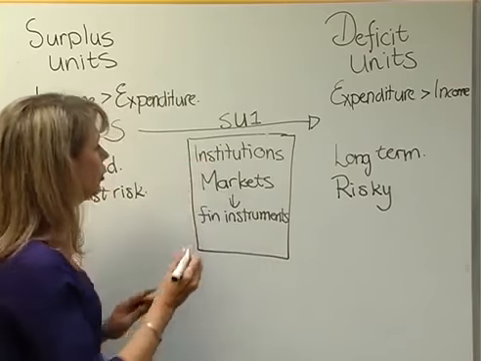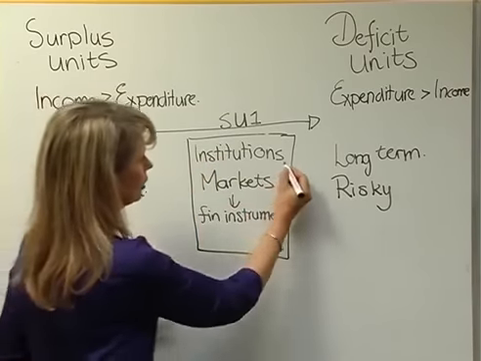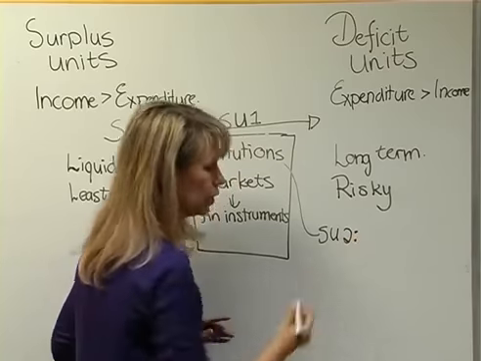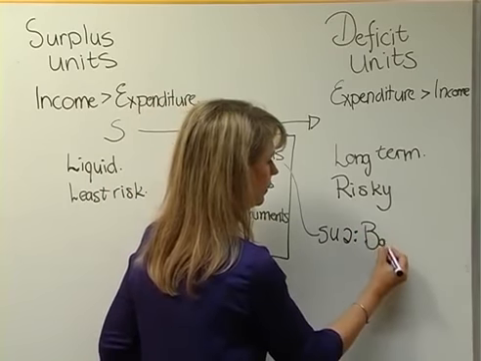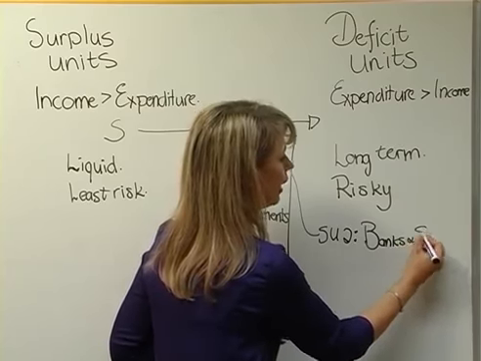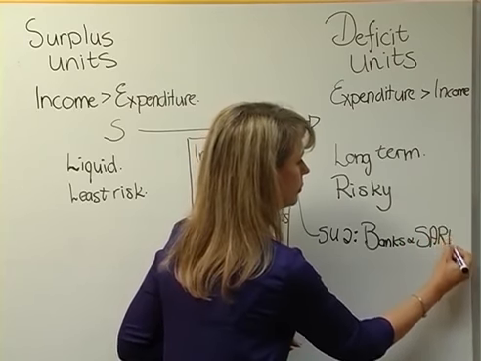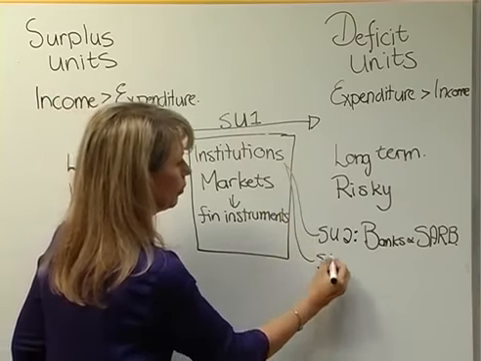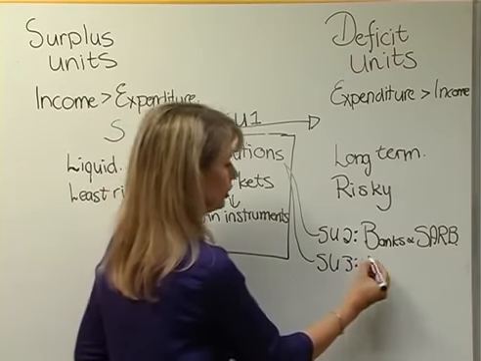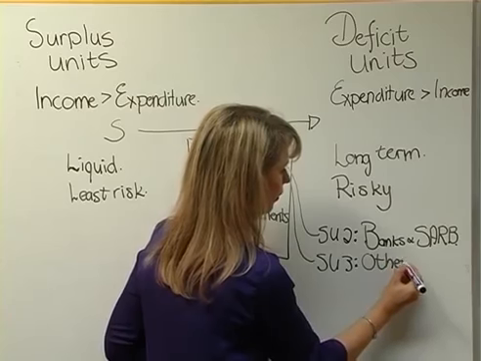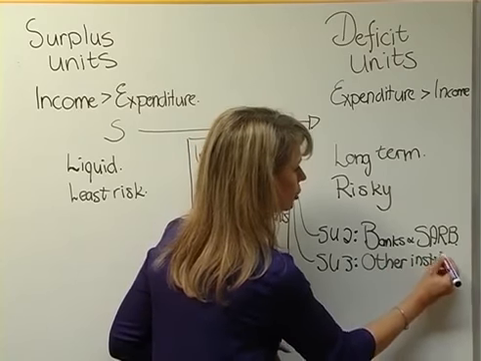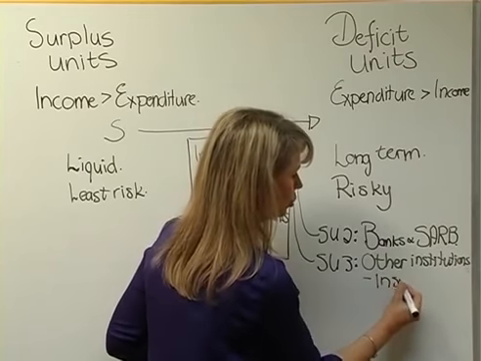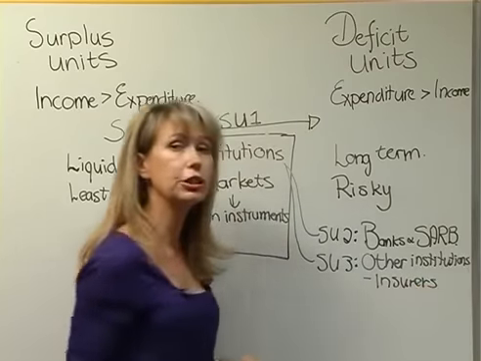Then in study unit 2, we're going to start looking at the institutions. We're going to look at banks, and we're going to look at the Reserve Bank. Then in study unit 3, we're going to cover all the other financial institutions. These will include insurers, short-term as well as long-term insurers.